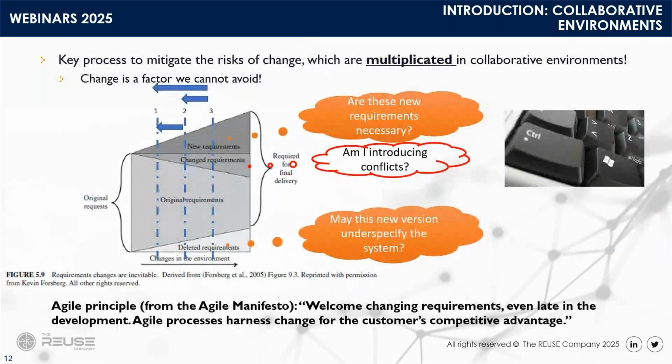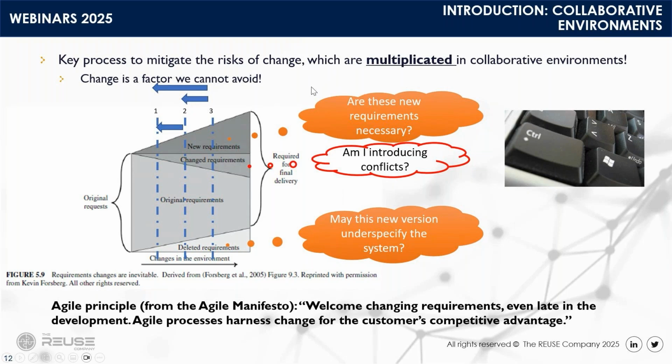One key aspect of collaborative environments is the higher risk of change. Any system that is developed, especially the complex systems we are all dealing with today, will have its share of unexpected change, any aspect that you would not anticipate by the time you start developing the system. In collaborative environments, since we are encouraging more contributions, we are also prone to more risk of uncontrolled change.